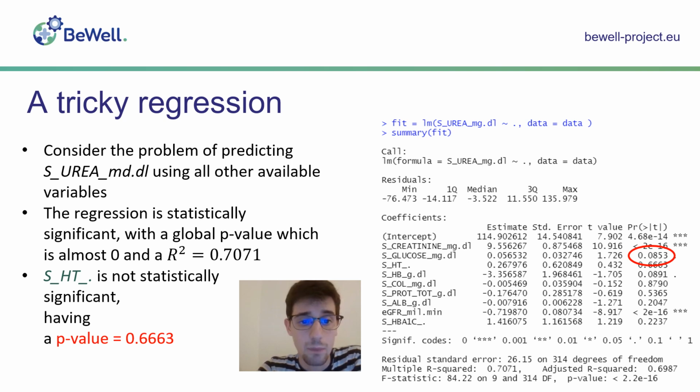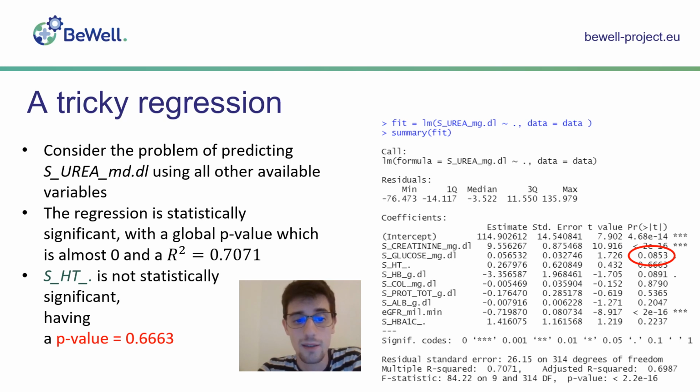Consider a different problem, that is the one of predicting the urea level using all other available information. As before, we can perform this task using our linear regression model. The only difference is that we are no longer using a single regression variable. In these cases, we talk about multiple linear regression rather than simple linear regression.